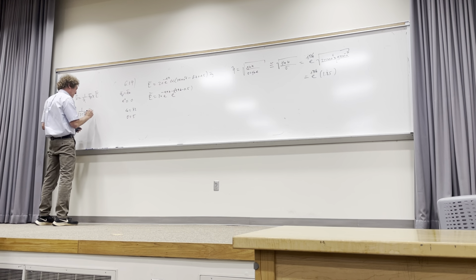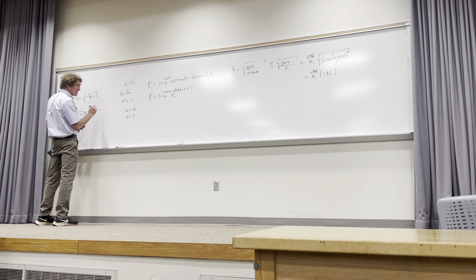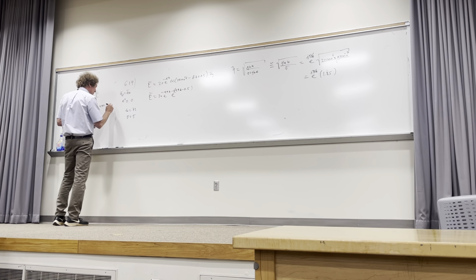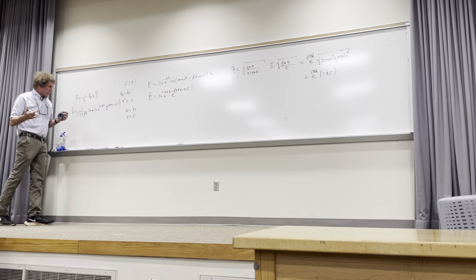There's the E field. That's a cross product times 20 e to the minus 4.4Z times e to the minus j 4.4Z minus 0.5. All right, I'm writing the whole thing down.